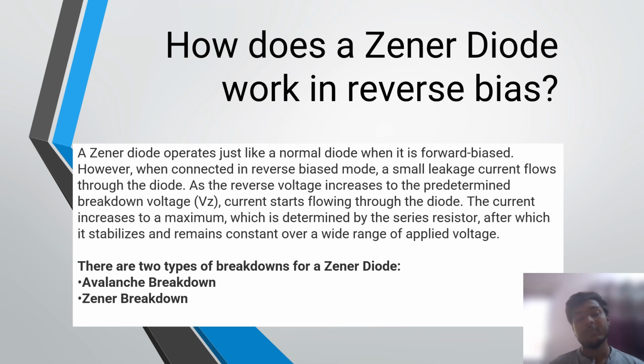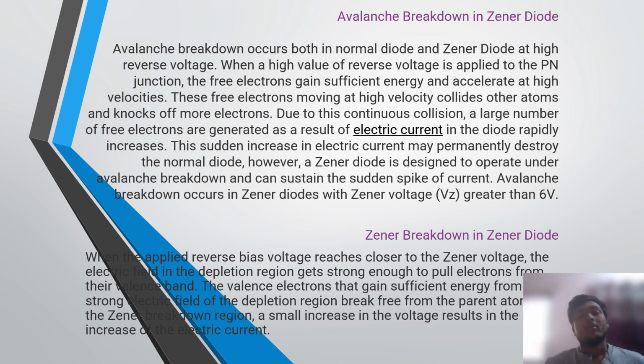There are two types of breakdown for a zener diode: avalanche breakdown and zener breakdown. Now we will see the avalanche breakdown in a zener diode. Avalanche breakdown occurs in both a normal diode and a zener diode at high reverse voltage. When a high value of reverse voltage is applied to the p-n junction, the free electrons gain sufficient energy and are accelerated to a high velocity.